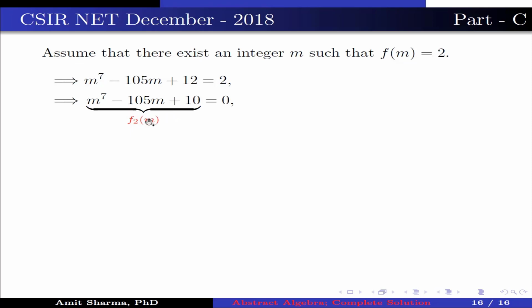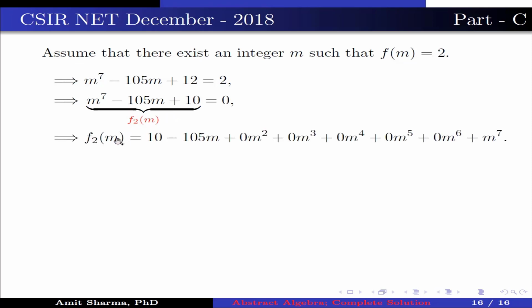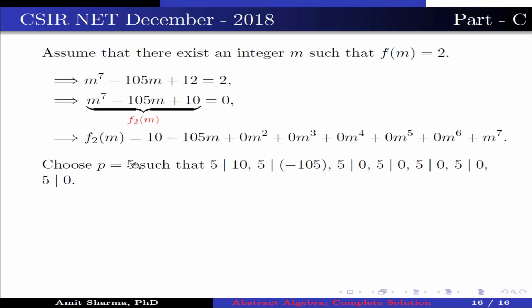Now complete the polynomial f2 of m. We get f2 of m is equal to 10 minus 105m plus 0m square plus 0m cube plus 0m to the power 4 plus 0m to the power 5 plus 0m to the power 6 plus m to the power 7. Now choose prime p equal to 5 such that 5 divides 10, 5 divides minus 105, 5 divides 0, 5 divides 0, 5 divides 0, 5 divides 0 and 5 divides 0.